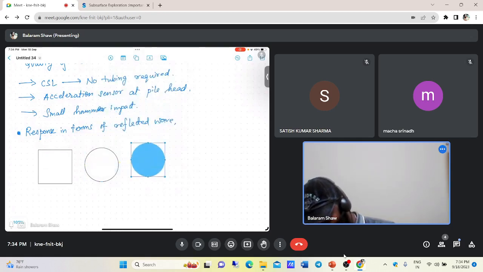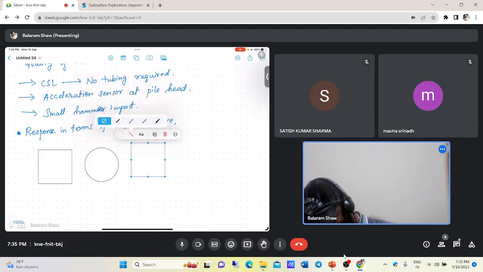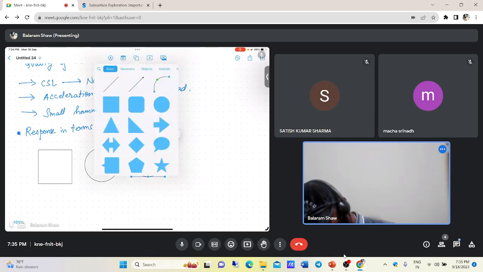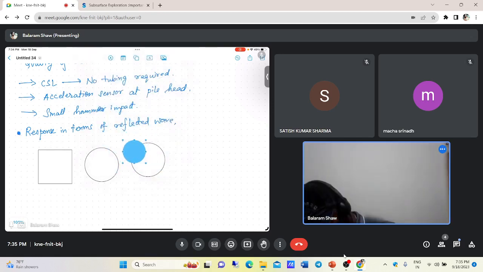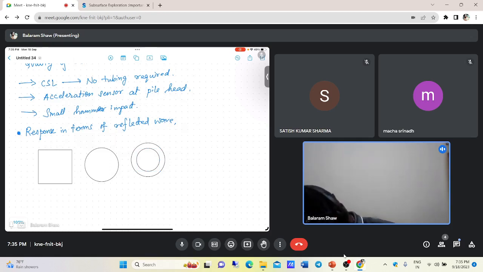Spun piles are a kind of hollow pile, so there will be some thickness in between. So there can be square piles.